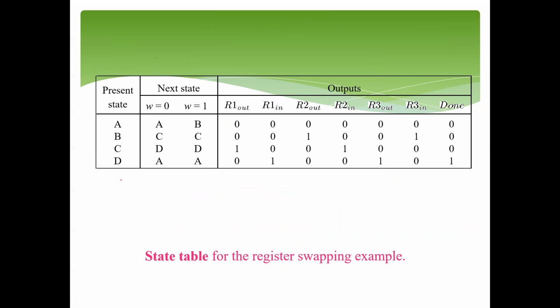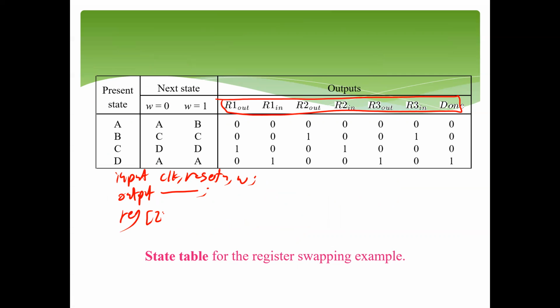So we will declare input clock, input reset, input W, and outputs, all of those 1-bit outputs listed here. And then I need to create regs, 2-bit regs, because I have two flip-flops for capital Y and small y. And don't forget the parameters where you define A as 00, B as 01, C as 10, and D as 11.